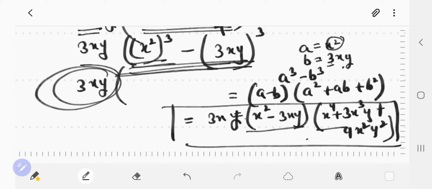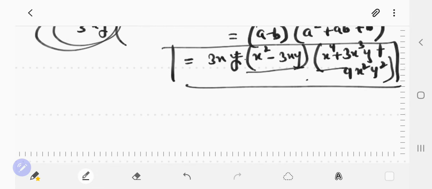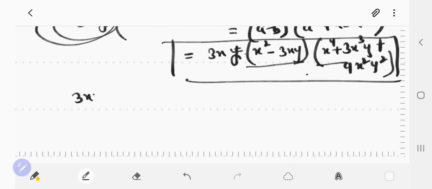Further, this kind of problem can be solved further, like you have 3xy and here x square minus 3xy.